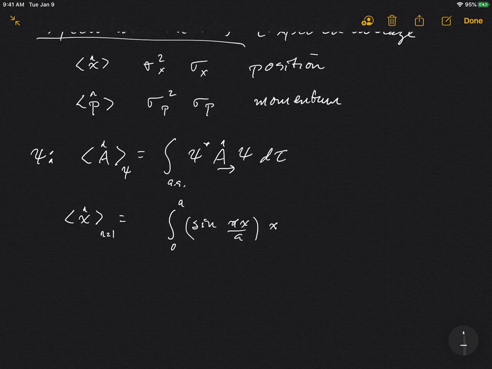And we're going to have two of these sine pi x over a. And there's the normalization constant out front, which is square root of 2 over a, but there's two of them. So we square it, so that will get rid of the square root, and we end up with 2 over little a times this integral.